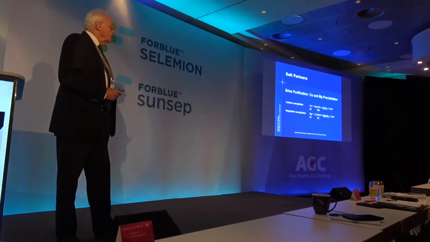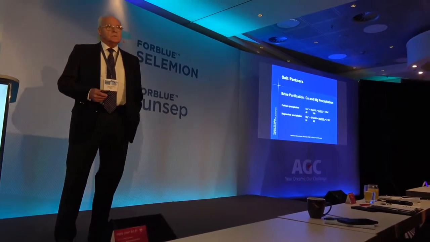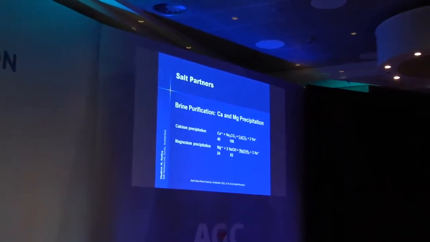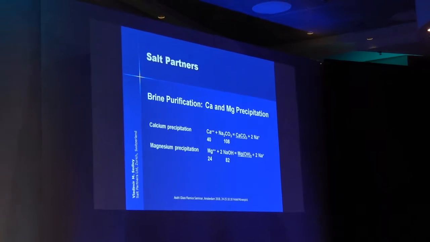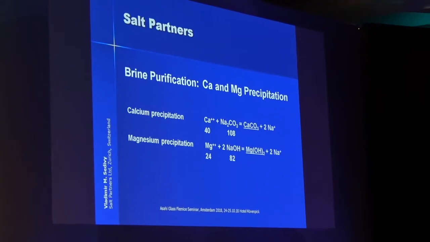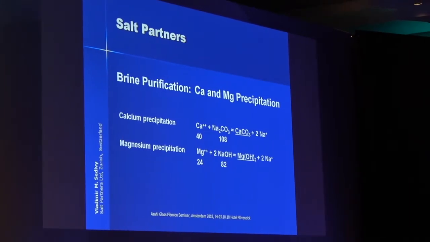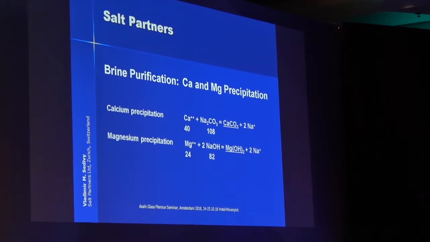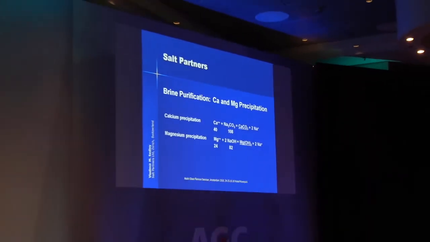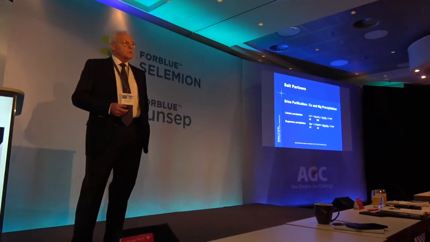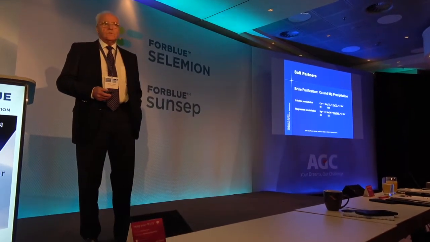The brine purification systems. Brine purification is mainly based on calcium and magnesium precipitation. The calcium with soda, with sodium carbonate, forms calcium carbonate as a crystal of calcite. Magnesium is precipitated, for example, with sodium hydroxide, forming magnesium hydroxide, which is an awful thing.